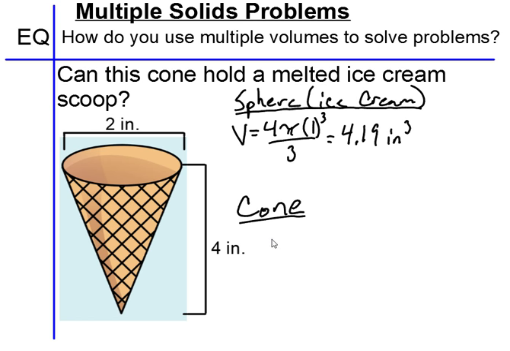The cone's volume is pi times r squared times the height, all divided by 3. R again in this problem is 1, squared, times the height, which is 4, all divided by 3. So 1 squared is 1. So now we're doing pi times 1 times 4, all divided by 3.